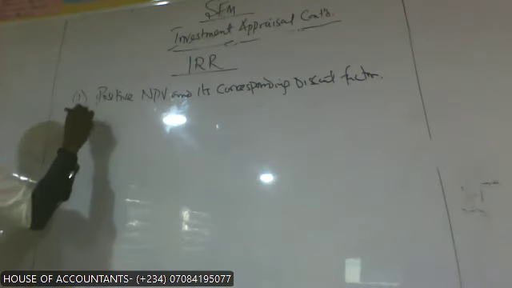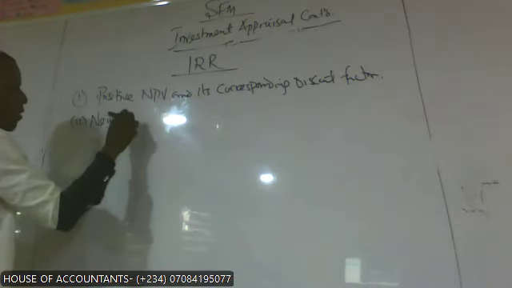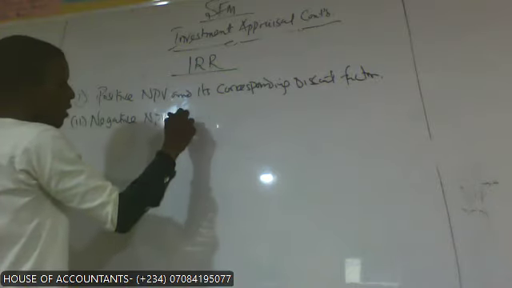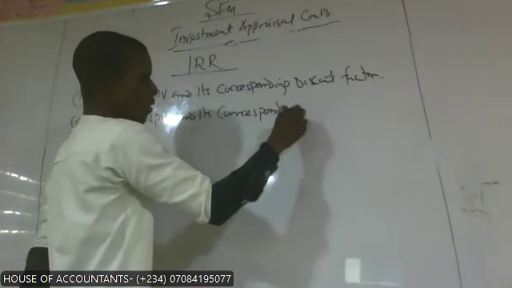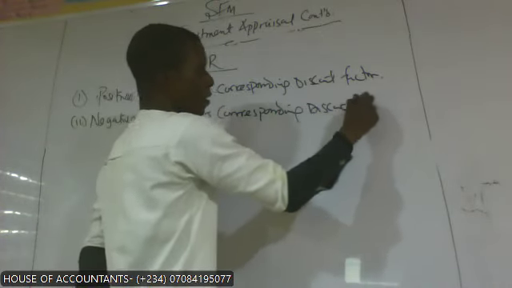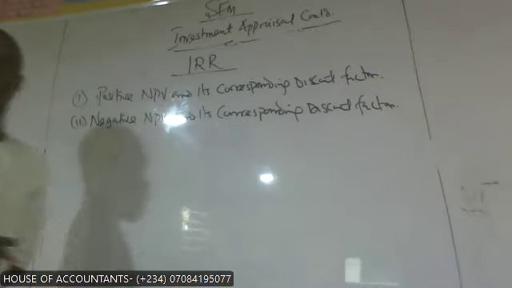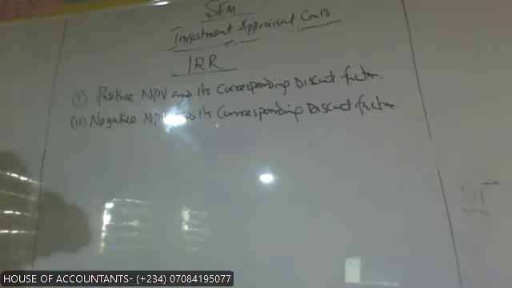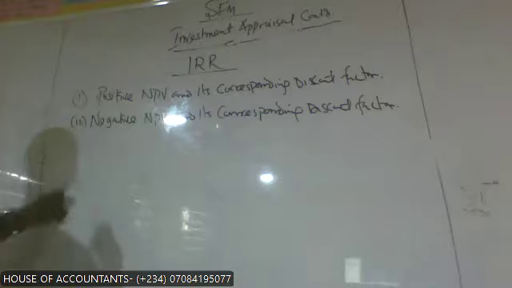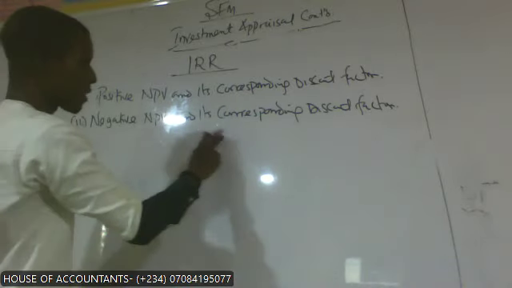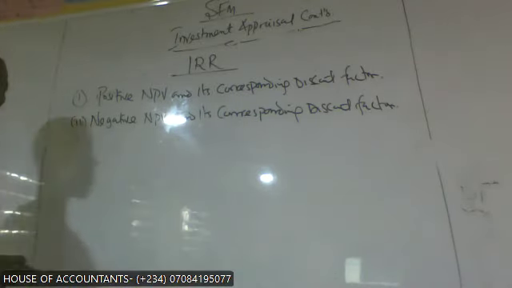And you also need a negative NPV and its corresponding discount factor. So you need to get these two. Are you getting it now? The first one is the positive NPV and its corresponding discount factor. The second one is the negative NPV and its corresponding discount factor.